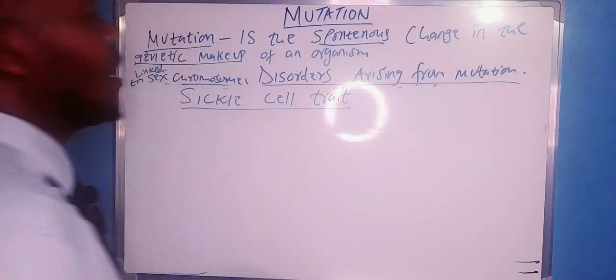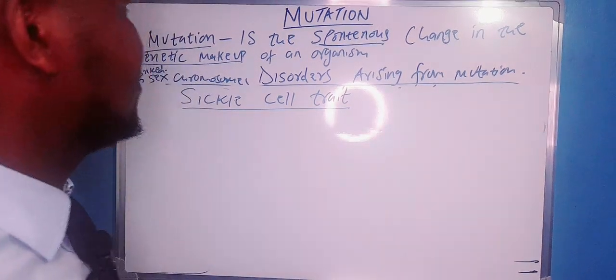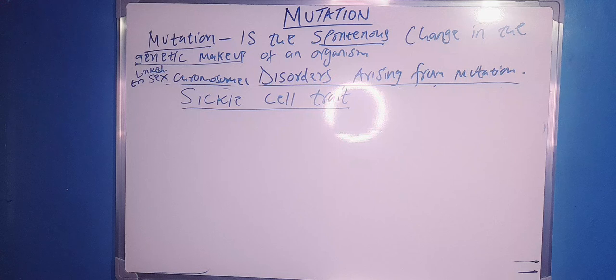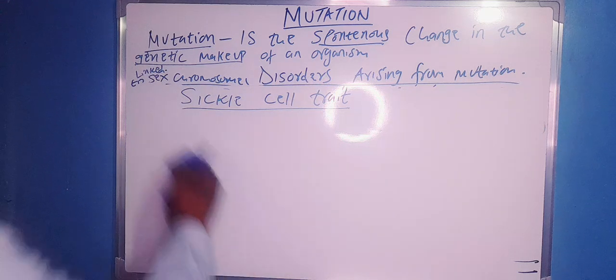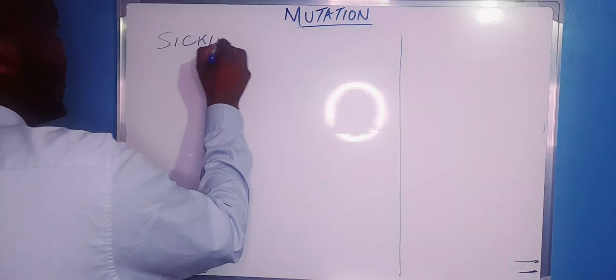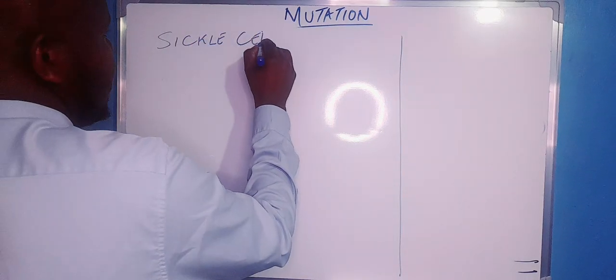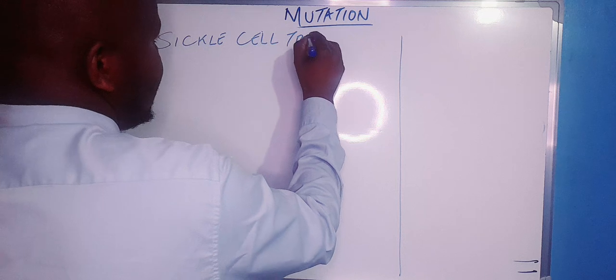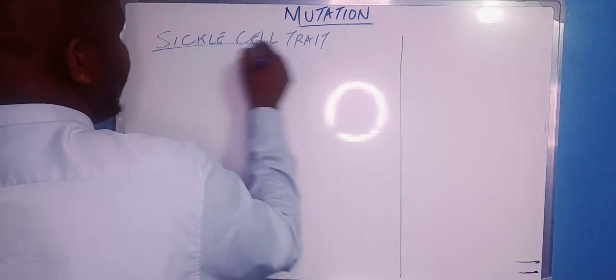Which are the alleles of this person? Let me just rub all these off so that I can have enough space. Sickle cell trait. Which are the alleles of this person?